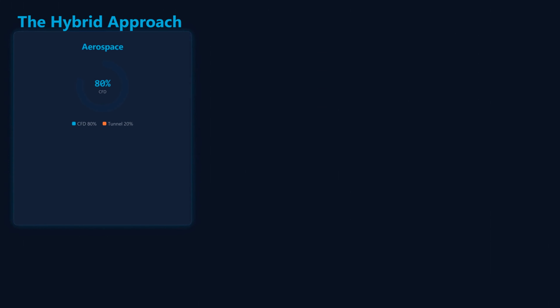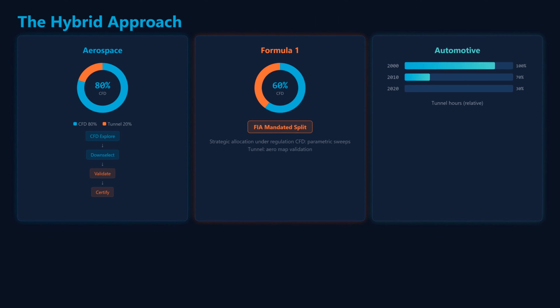So, how do world-class teams actually work? A carefully orchestrated hybrid approach. In aerospace, Boeing and Airbus use CFD for 80% of design exploration. Hundreds of variants evaluated before a single tunnel model is built. Then targeted campaigns validate the final design and generate certification data. In Formula One, the FIA mandates a 60-40 CFD to tunnel split.